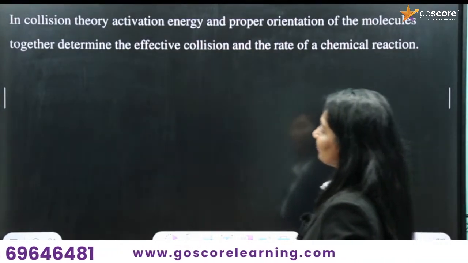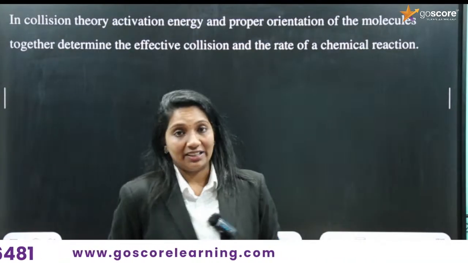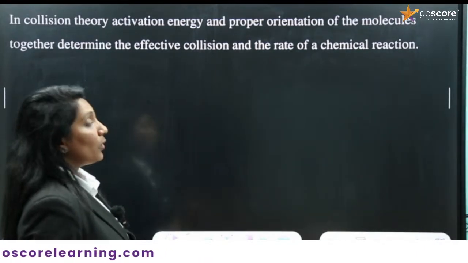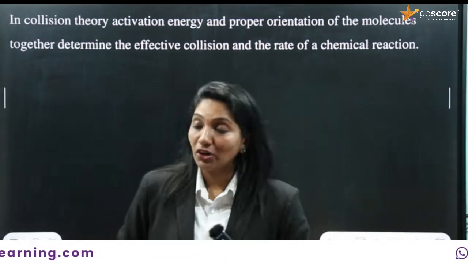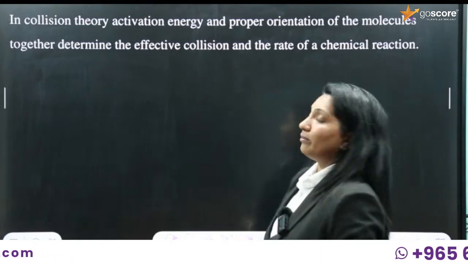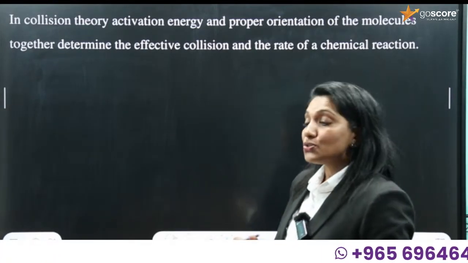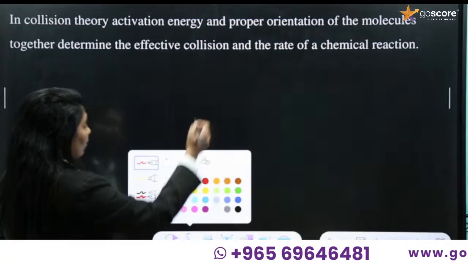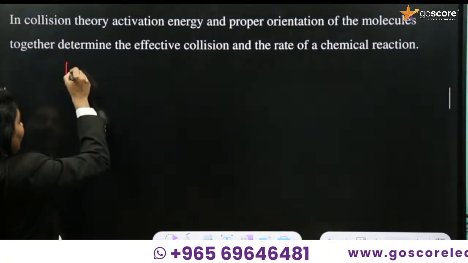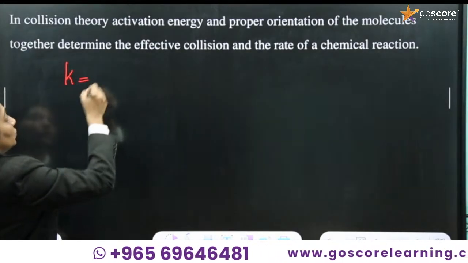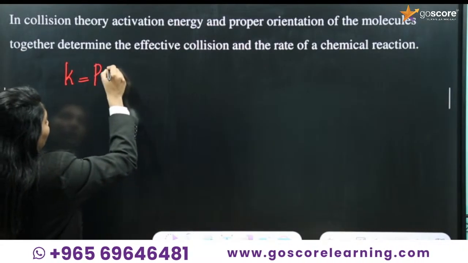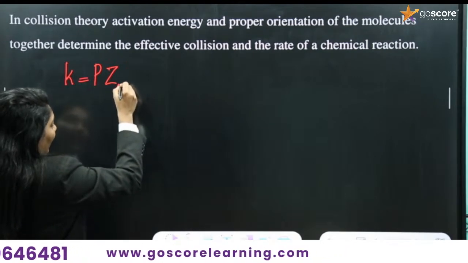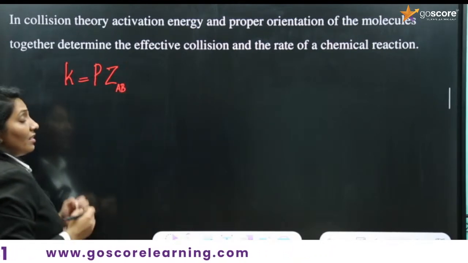Now, in collision theory, the activation energy and proper orientation of molecules together determine the effective collision. So according to collision theory, we can write the rate constant as K is equal to P into Z, for any reacting molecules, if we are taking A and B as the reacting molecules, ZAB.